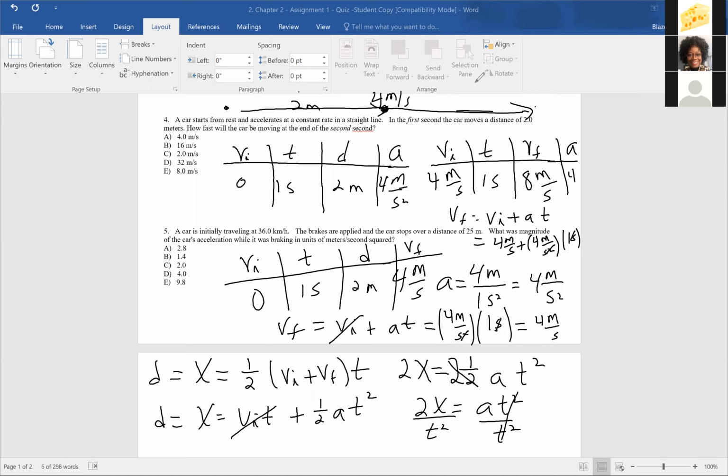Now, let me emphasize something here too. You notice that the problems that I give you on the quiz are directly from the assignment, or maybe from the homework, and all I'm doing is changing the values.